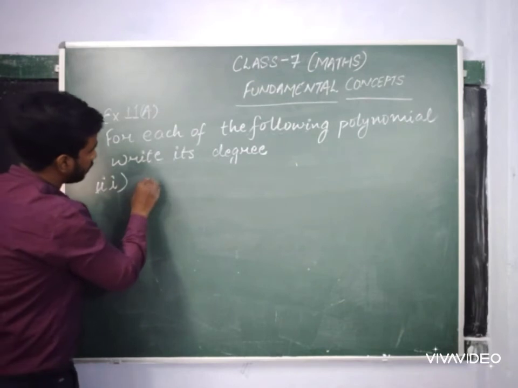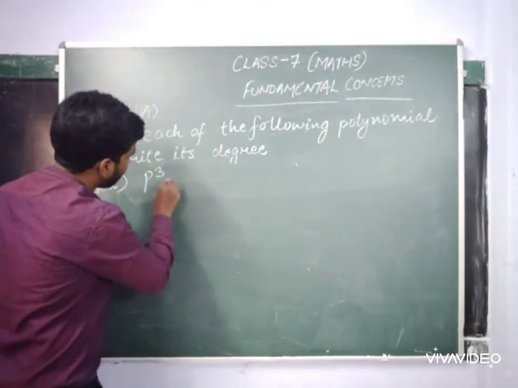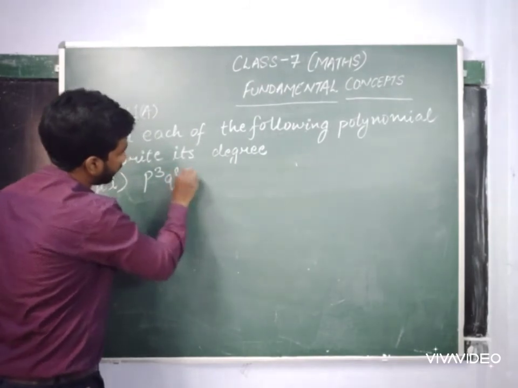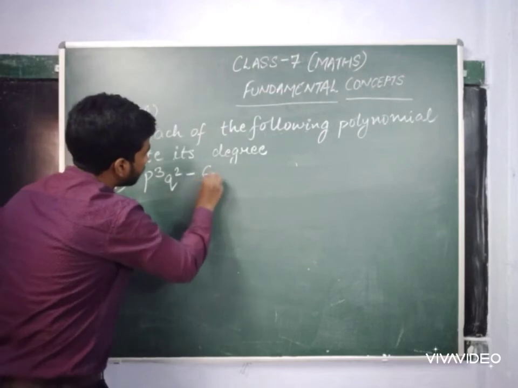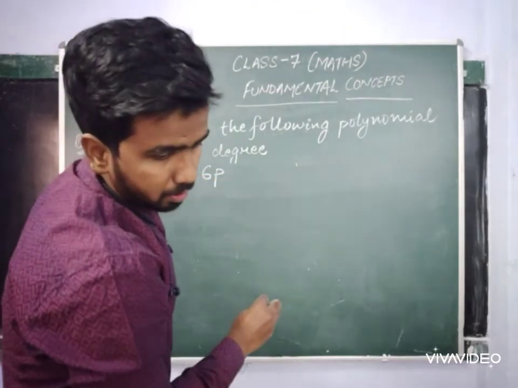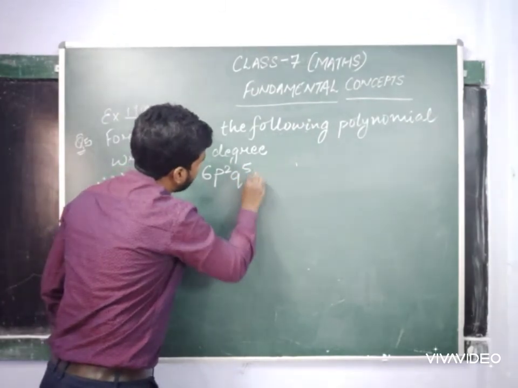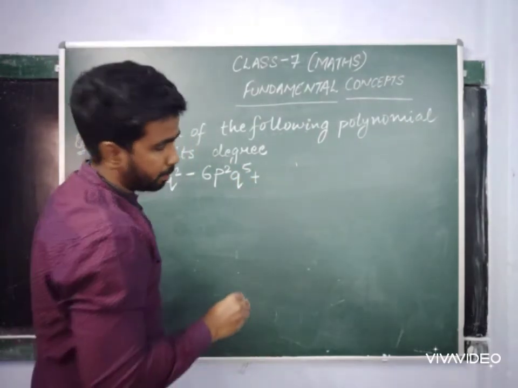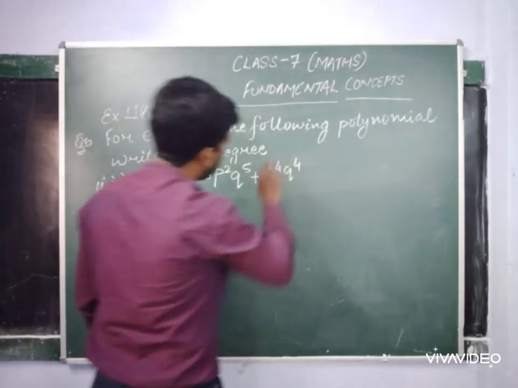The next part is telling us p cube q square minus 6p square q to the power 5 plus p to the power 4 and q to the power 4.